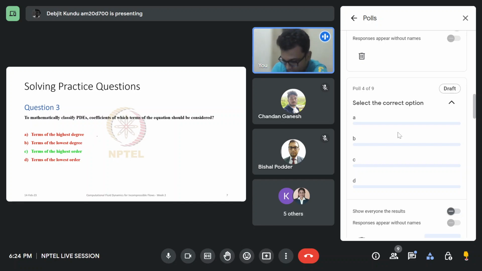So as we saw in the most general case, what is the most general case? A ∂²φ/∂x² plus B ∂²φ/∂x∂y plus C ∂²φ/∂y² plus D ∂φ/∂x plus E ∂φ/∂y plus some f equal to 0.